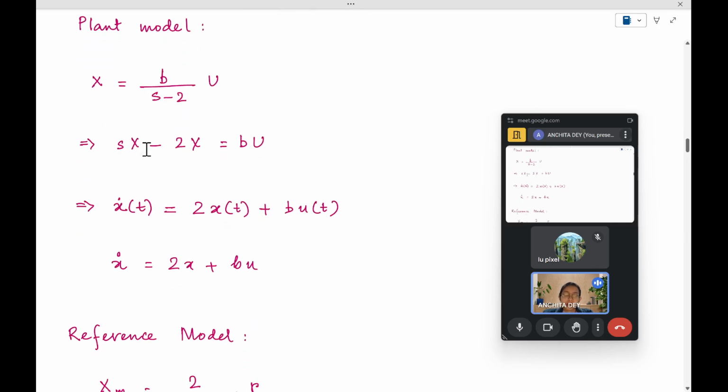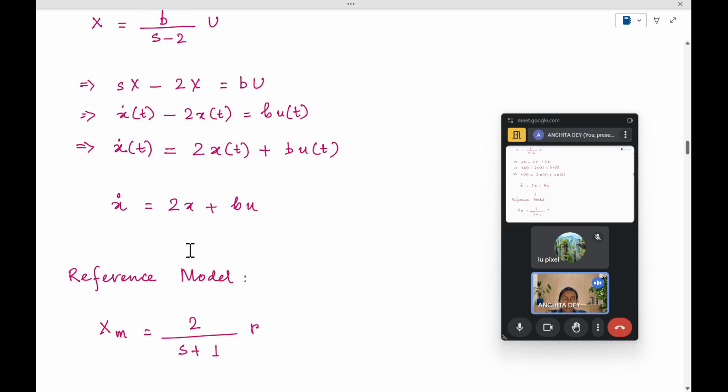If you take the inverse Laplace transform and do a side change, we get x dot of t = 2x(t) + bu(t), or if I remove the t notation, x dot = 2x + bu. This is my plant.